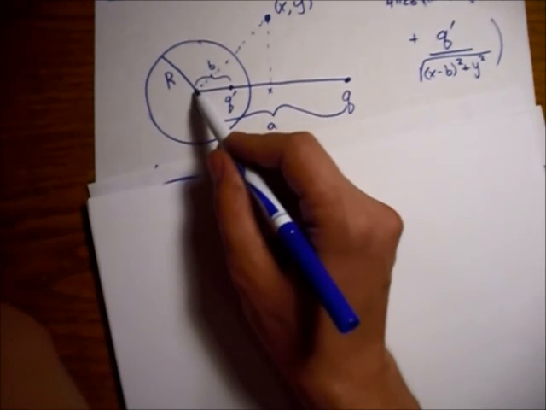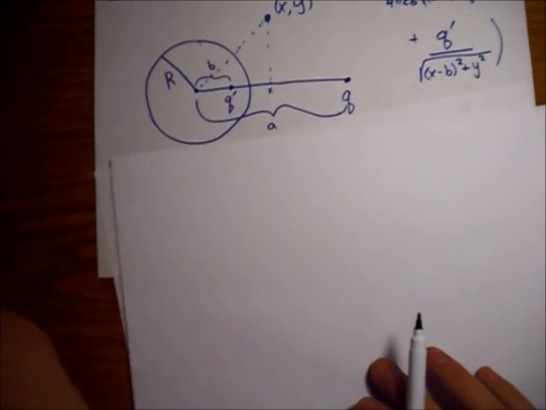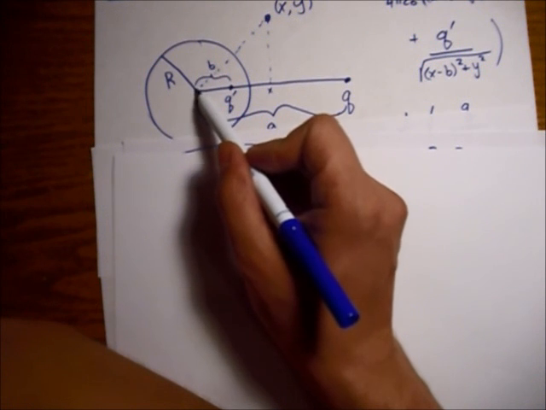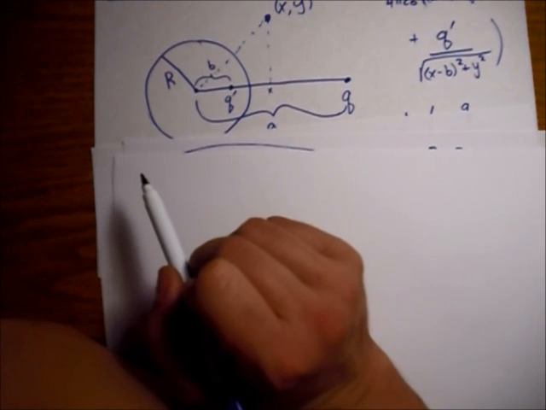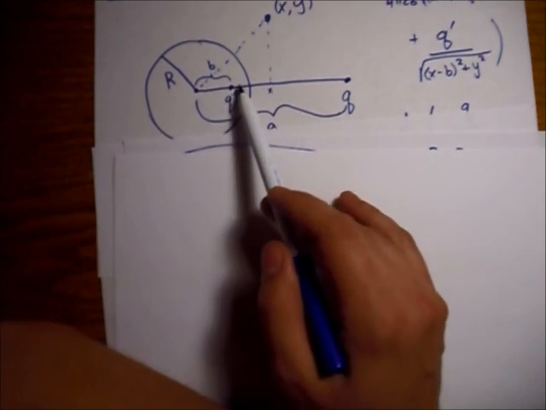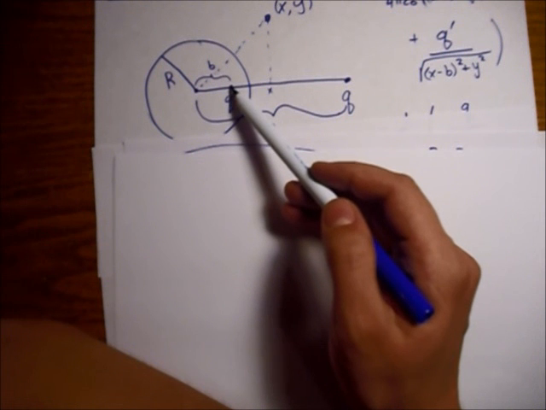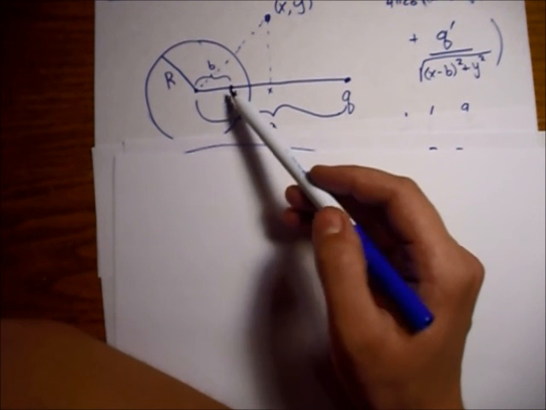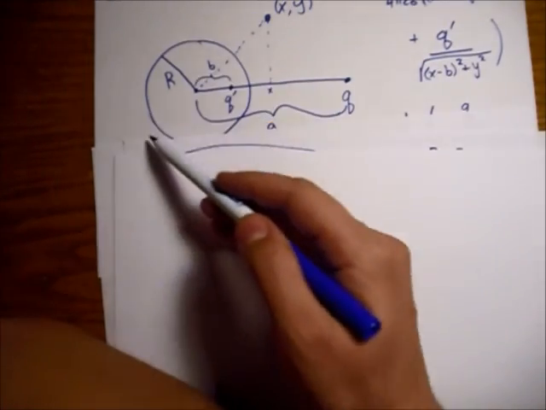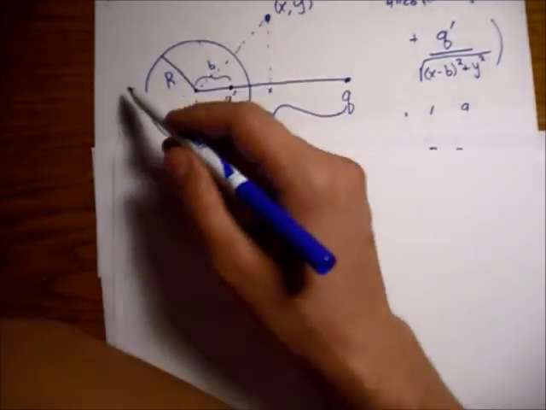But now we're going to be adding another charge q prime prime here in the middle, which has to cancel out the charge q prime here on the inside. So what we're doing is making this conducting sphere electrically neutral.